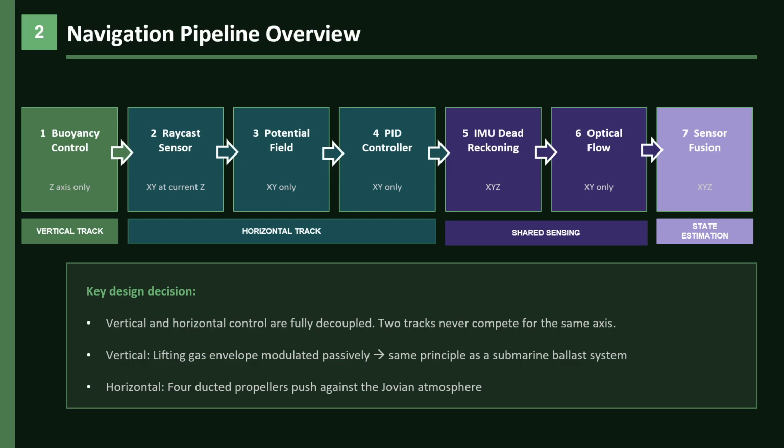My navigation pipeline is broken down into two main tracks. The first track is the vertical track. This deals with the buoyancy controller, and it operates in the Z-axis only, and it has no thrust. It has no thrust because the drone modulates the density of a lifting gas to ascend or descend passively.